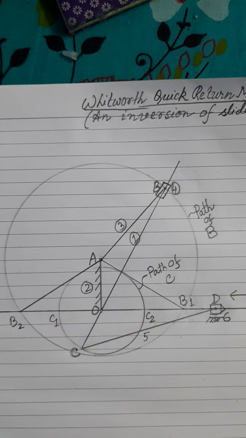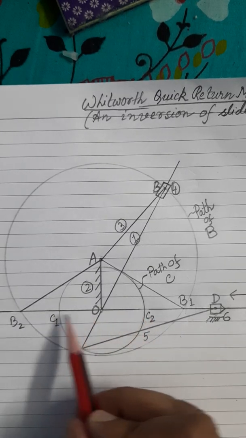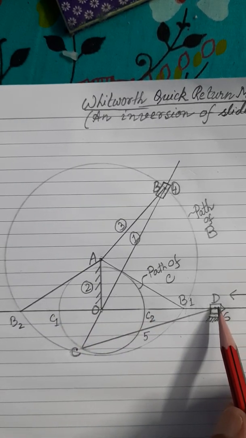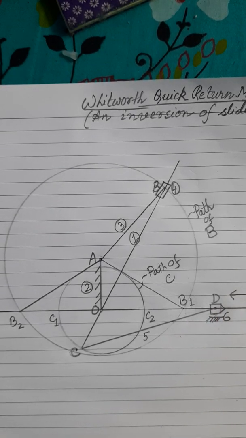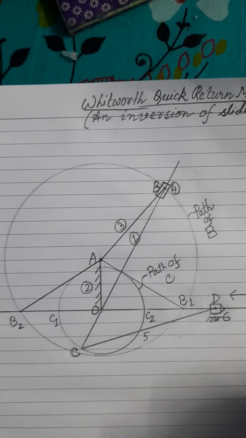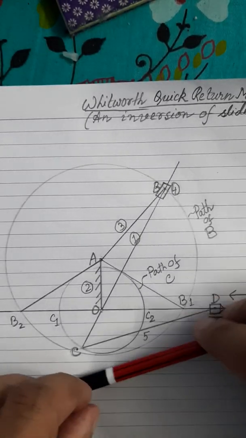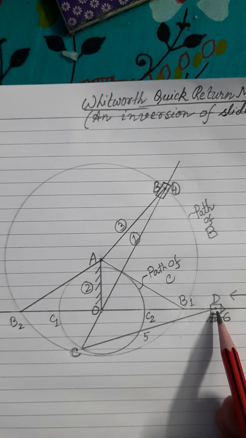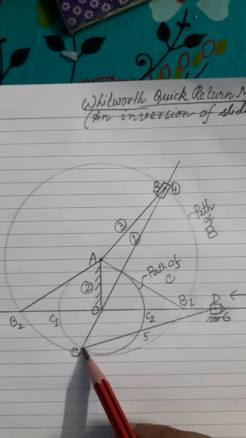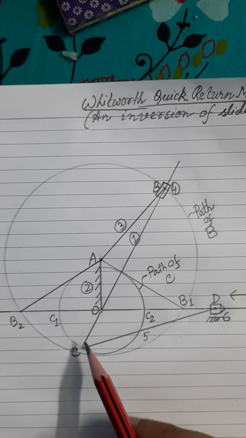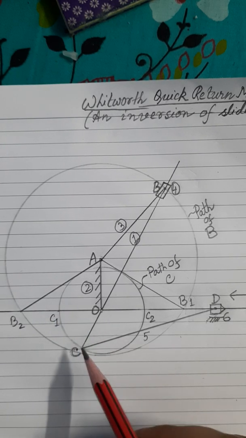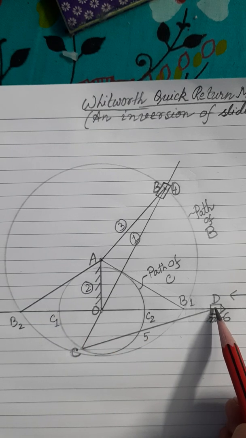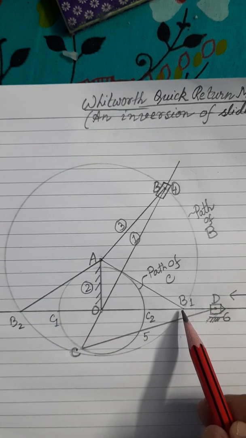Also position of C will be on the stroke line for extreme left position of D or extreme right position of D. Because you see carefully, here this extreme position of D, let us say extreme left position of D, we will get when point C will go to C1, then we will get extreme left position of D.